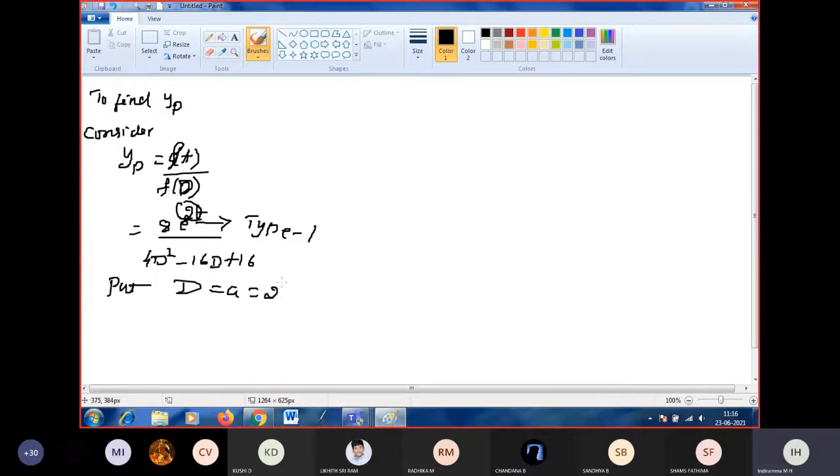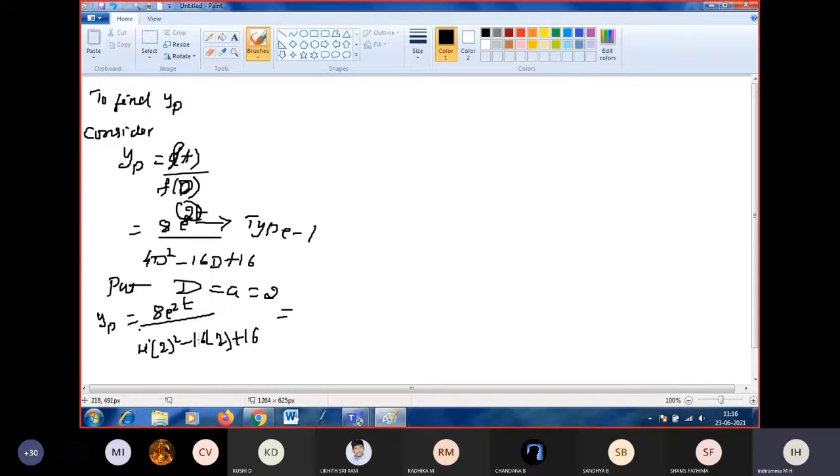Okay, so therefore YP becomes 8 e power 2t. No change in the numerator. In the denominator replace D by 2. 4 times 2 square minus 16 into 2 plus 16. So 4 fours are 16, 16 and 16 cancel.